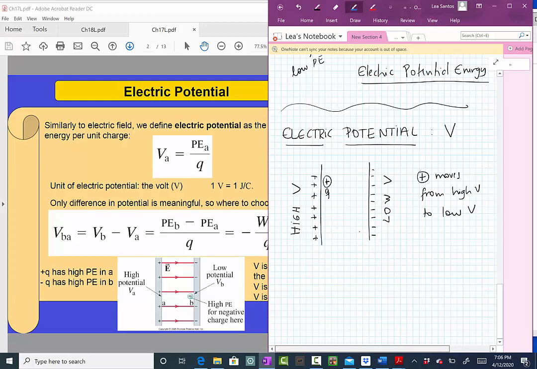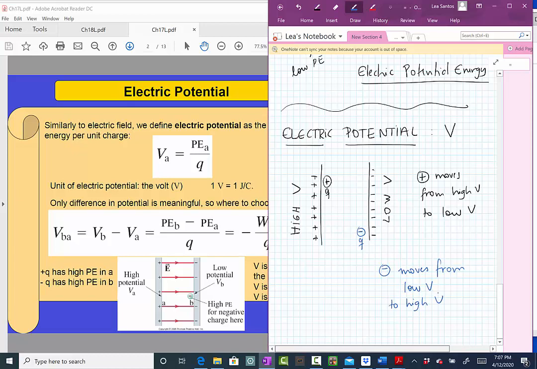The negative charge moves naturally, now comes the difference, from low potential to high potential.